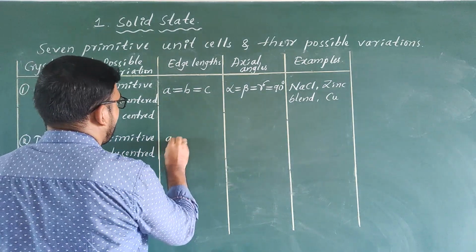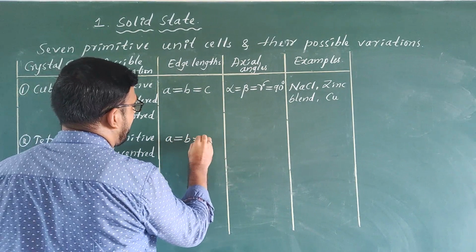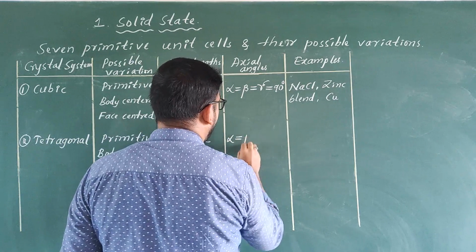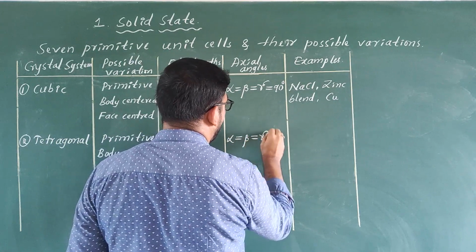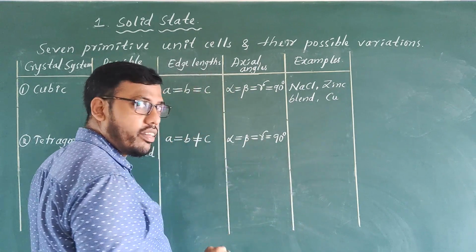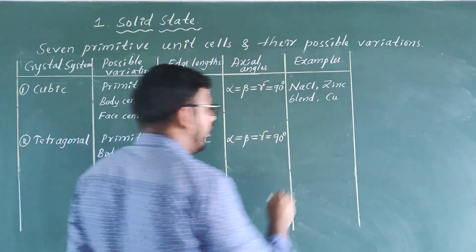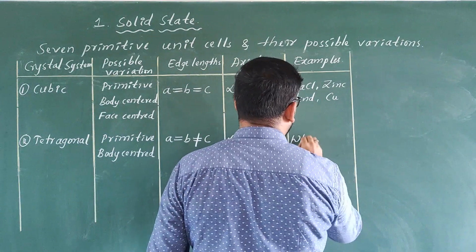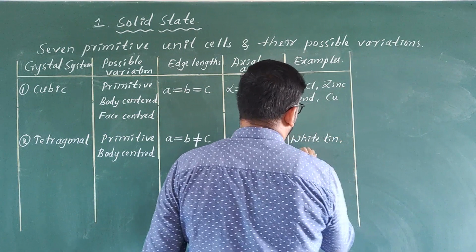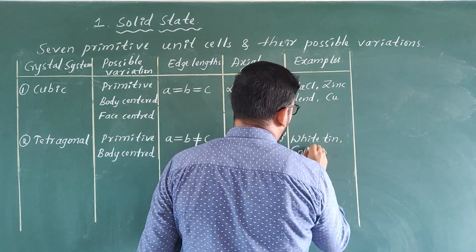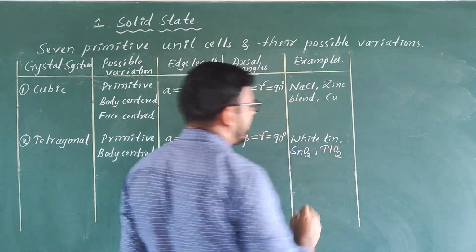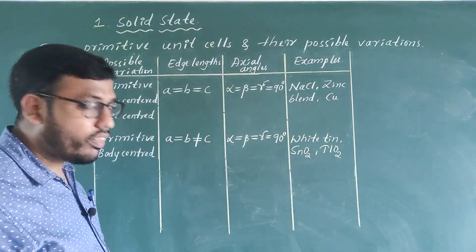Two edge lengths A and B are equal, but that is not equal to C. But the angles alpha is equal to beta is equal to gamma is equal to 90 degree. When we come to the example, white tin, SnO2, thallium oxide, TlO2 are some examples.